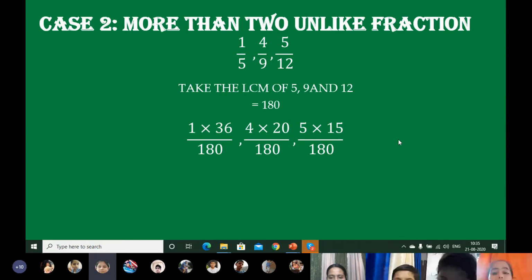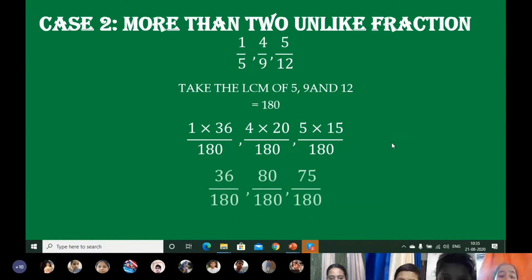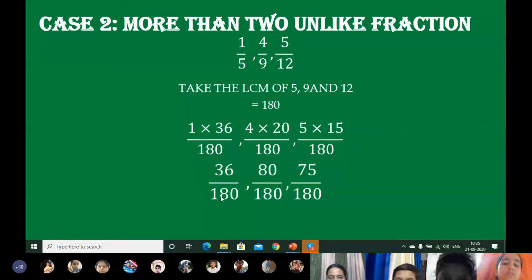Now we will solve the numerators. So 36 into 1 is 36 upon 180. Next, 4 into 20 is 80 upon 180. And 5 into 15 is 75 upon 180. Now we have to arrange them in ascending order.